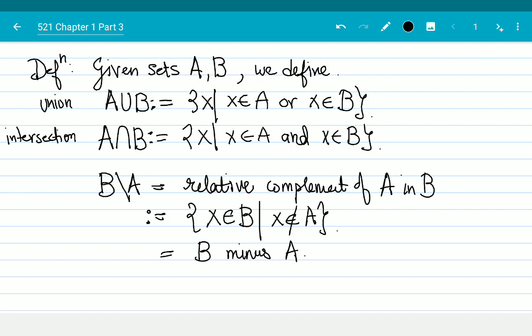This is a symbol for definition, but the others are how you read them.